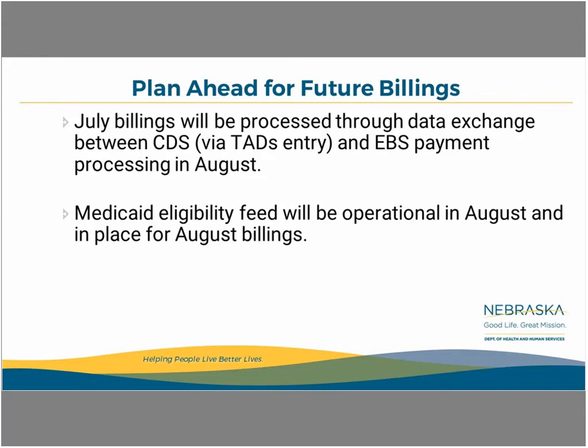If you run into issues with what you're seeing on the CDS, please let us know. You can either send a help ticket through the Orion Help Desk, or you can reach out to either the DBH data team or the EBS. On our last slide, we've got those resources for you so that you can use those.